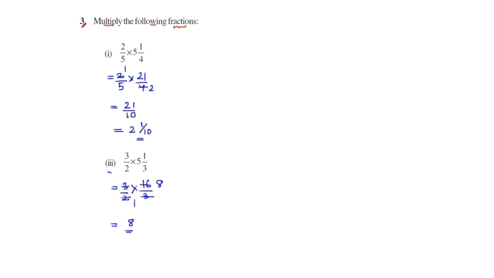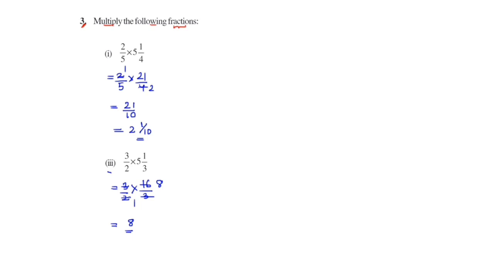So it is better that before proceeding to the next step, please check whether we can reduce the cross factors or not, then you can easily proceed further. It will make your solution easier. So I think you have understood how to do this type of question.